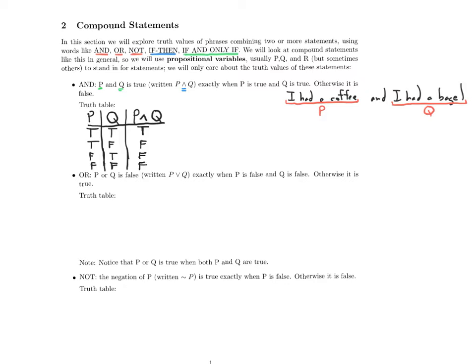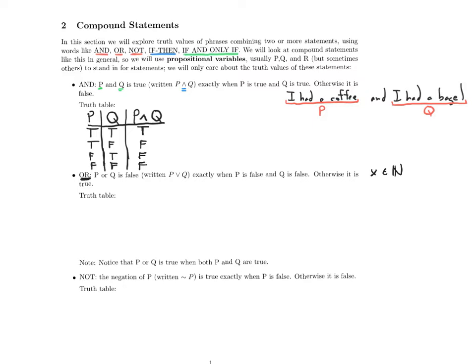Or is a little bit different. We have to be careful because in English, or kind of has two meanings. In math, we have to pick one for it. So let me give you an example. Let's say I had the following, I don't know, let's say open sentences. So we'll say these will be natural numbers.